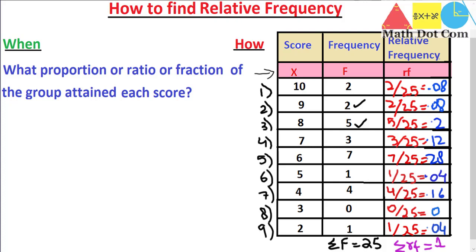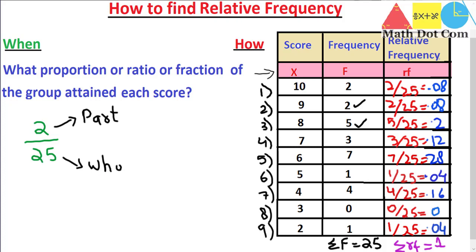But if we need to tell in terms of ratio or fraction or proportion, part out of whole, then you need a relative frequency. So if I write here that 2 students have got the marks of 10 out of 25, this is a part and this is the whole.